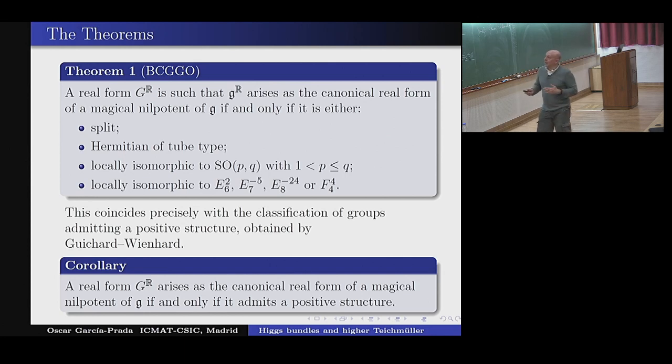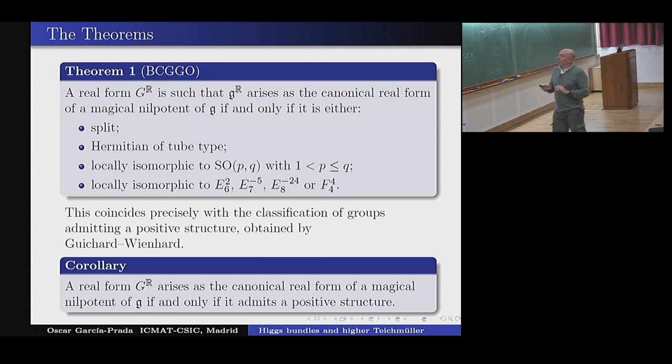For example, for the split real forms, the parabolic is always the Borel. So the positivity that Lusztig introduced is, from this perspective, positivity for the Borel.